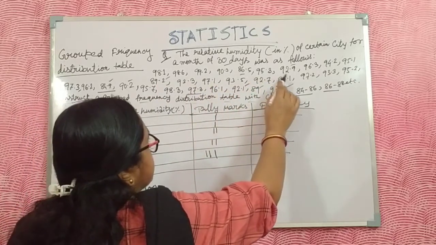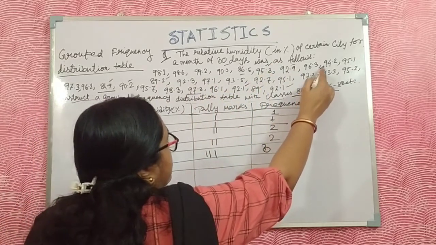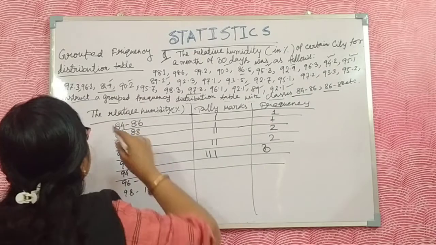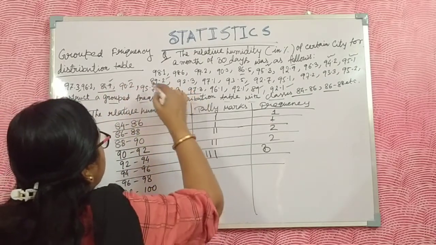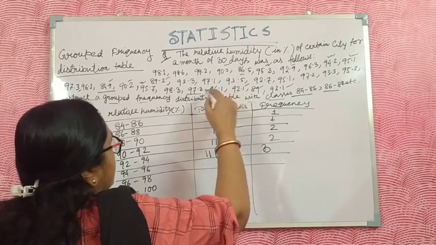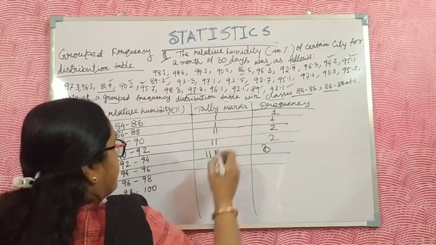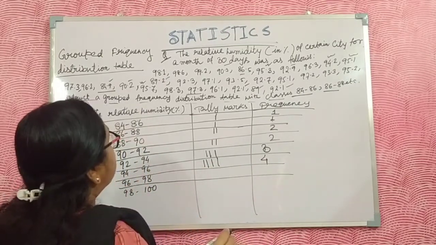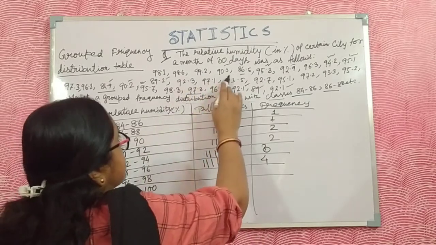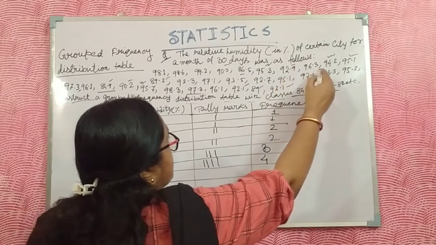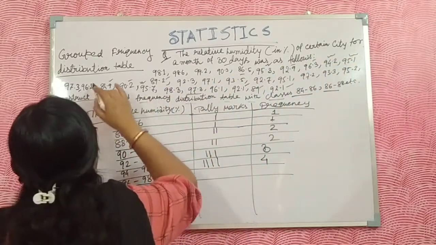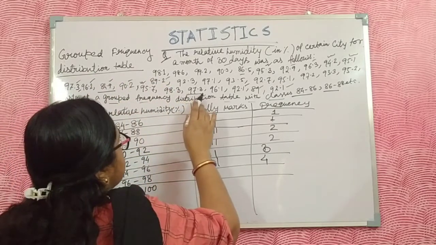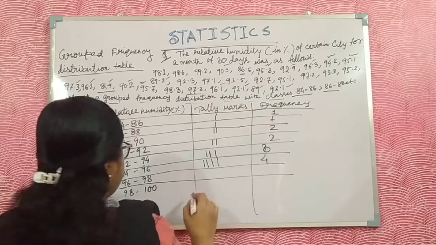Counting, it comes to 4. Then 96 to 98: counting 1, 2, 3, 4, this is also 4.